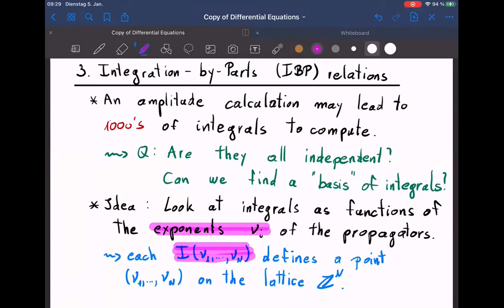Now, remember that I said these exponents are integers. So naturally my integral, seen in this way, will be a function on some lattice Z^n. If I fix the integer values for nu_1 to nu_n, I will define a point in this lattice.